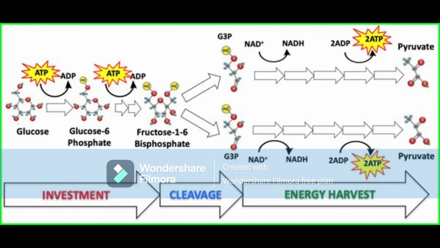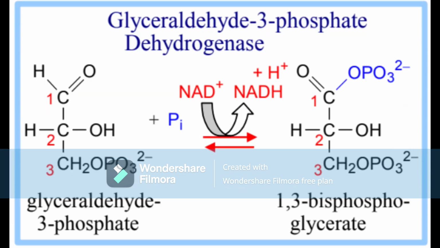Okay, let's continue with the energy payoff phase, which has the last 6 steps of glycolysis. The 5th step is that G3P is oxidized by the enzyme glyceraldehyde 3-phosphate dehydrogenase to produce 1,3-bisphosphoglycerate.